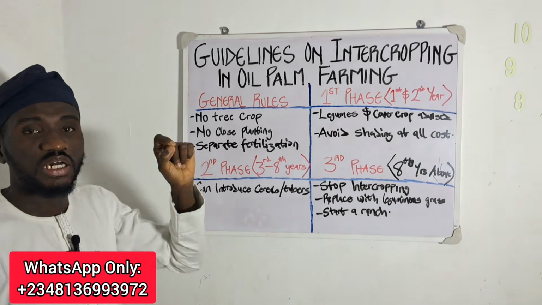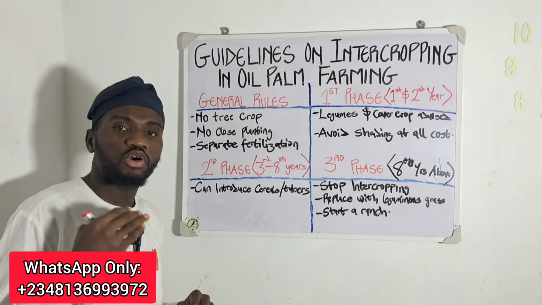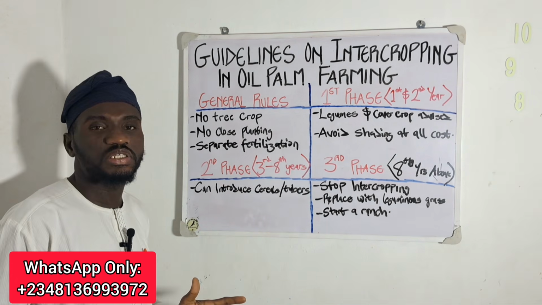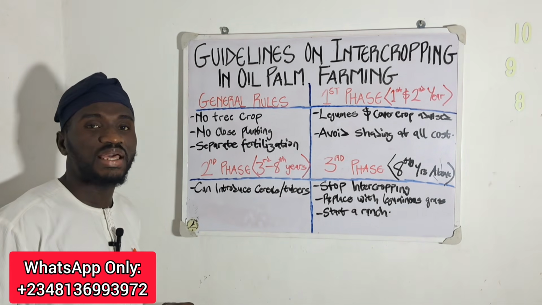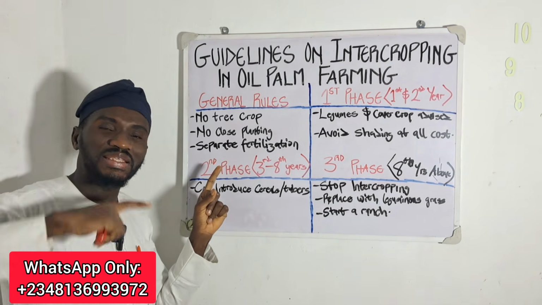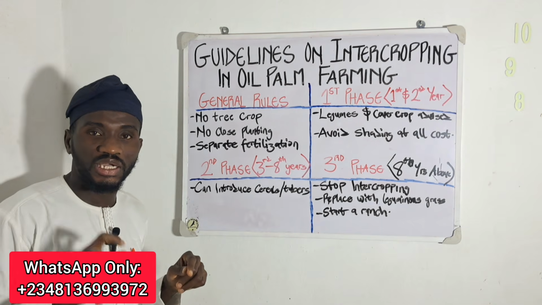This will be detrimental to you because the intercropping space in an oil palm farm is the interrow spacing you want to use. So when you bring in any tree crop, you are going to be creating obstruction for yourself later in the future when the oil palm trees reach their full production capacity.